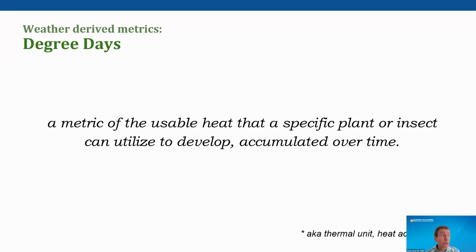Growing degree day models are often used for crops or plants specifically. Degree day models do a little finer, a little more precise job of measuring that accumulation of temperature over time. They're often used for insects and other kinds of organisms.